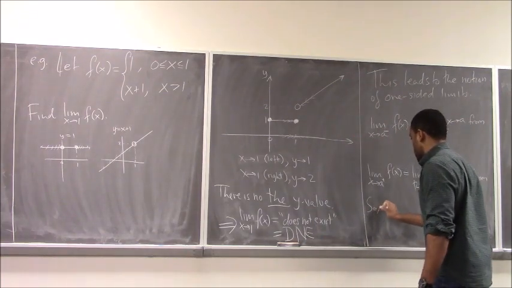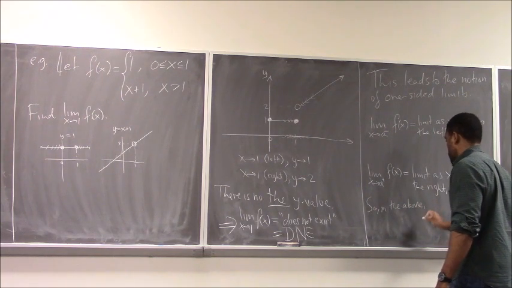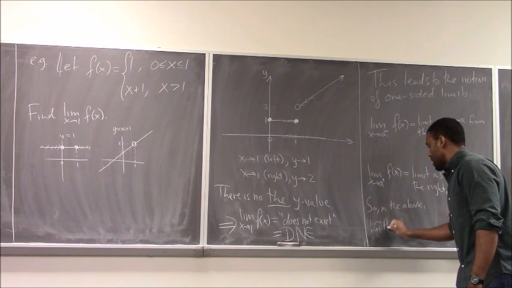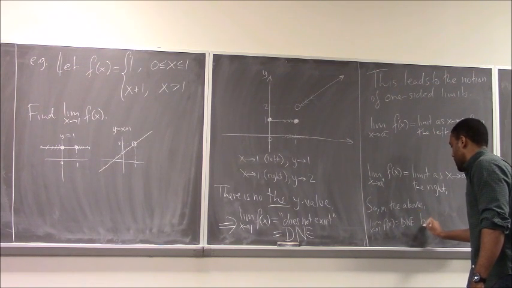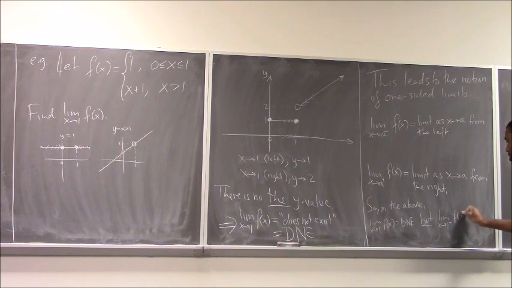So, in the above, the limit as x approaches 1 of f of x does not exist, but the limit as x approaches 1 from the left of f of x is actually the number 1.